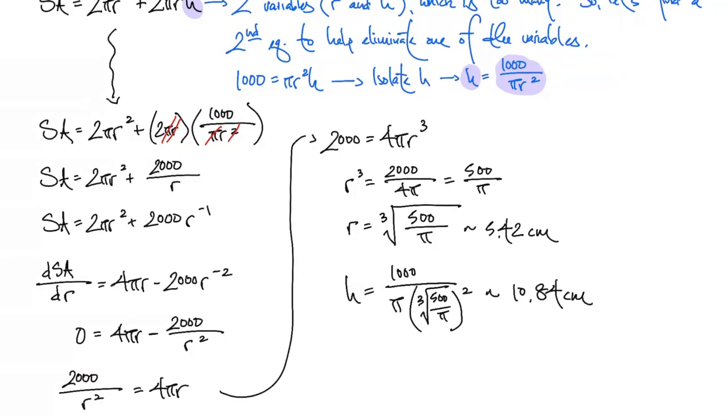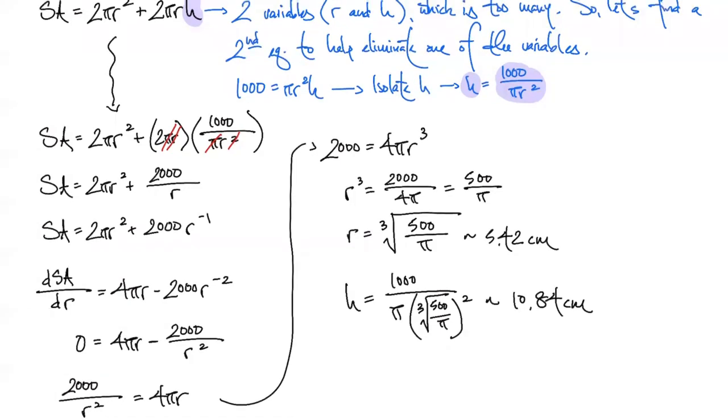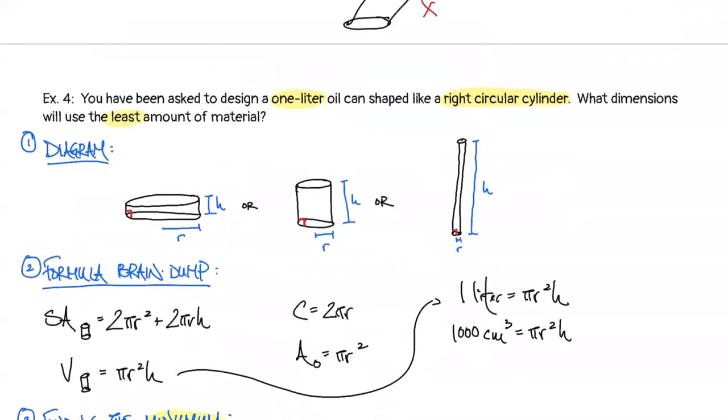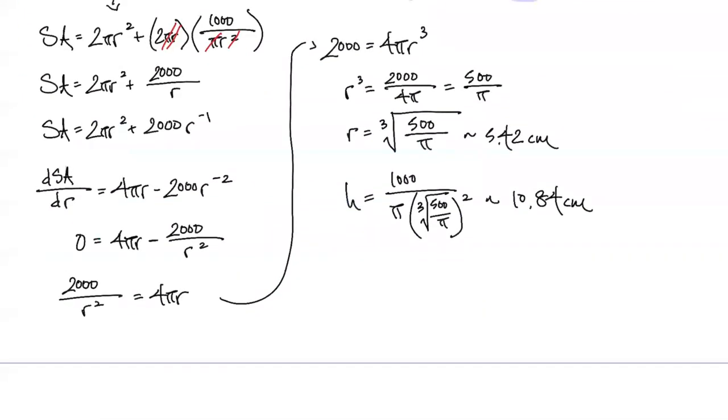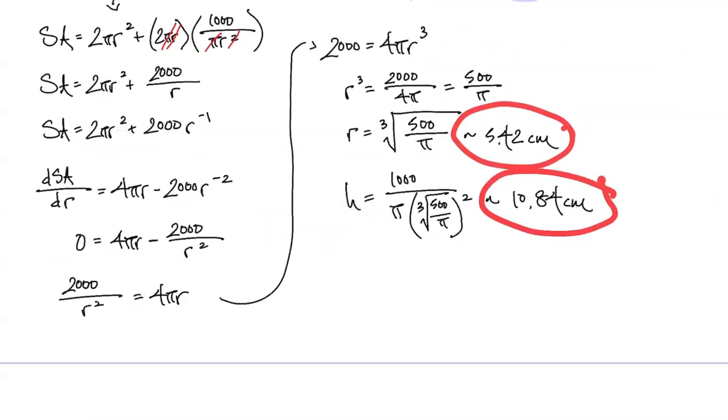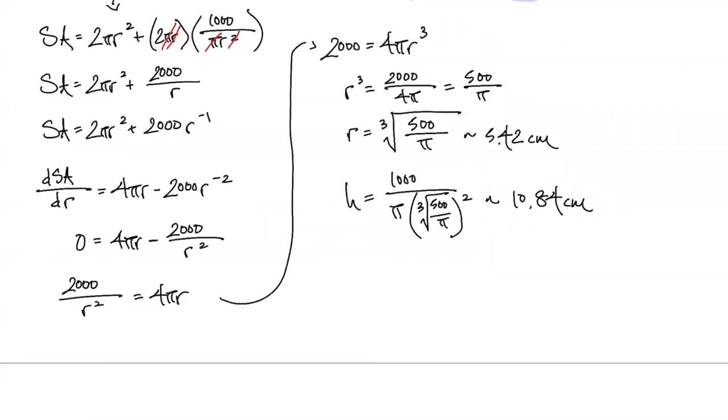So let's go back up and make sure we've answered the question. It says, what dimensions will use the least amount of material? And it turns out that if we choose a can where the radius is half of the height, then you will have the optimal can design.